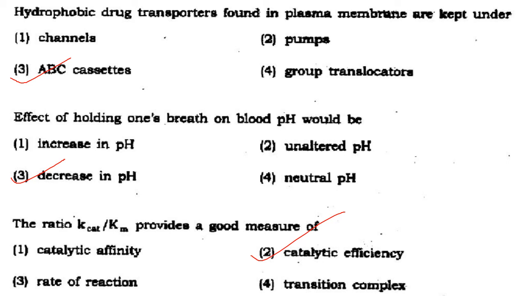Answer is decrease in pH. The ratio Kcat by Km provides a good measure of catalytic affinity, catalytic efficiency, rate of reaction, transition complex. Answer 2, catalytic efficiency.